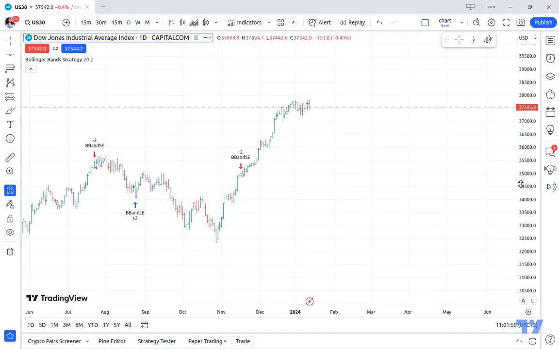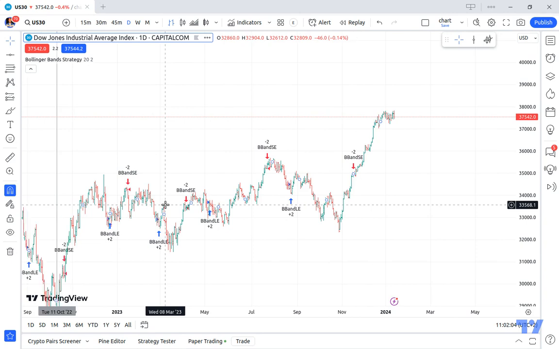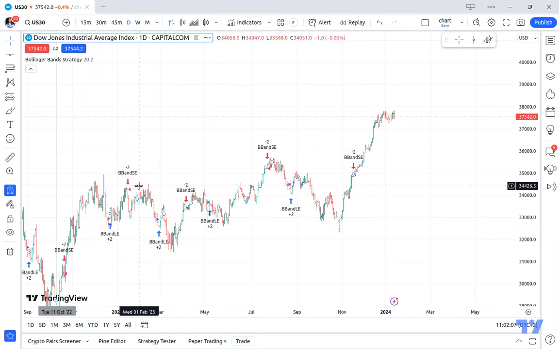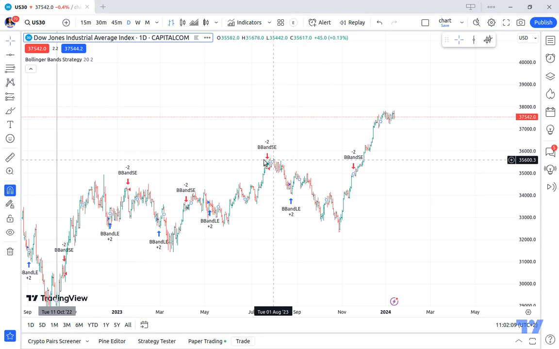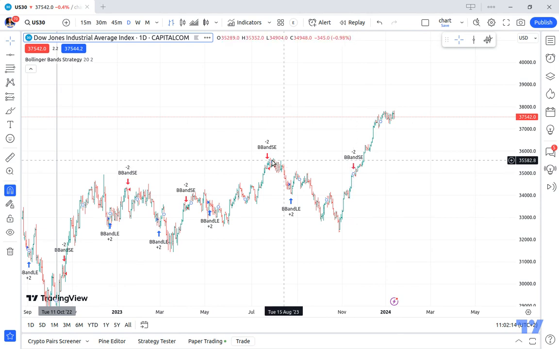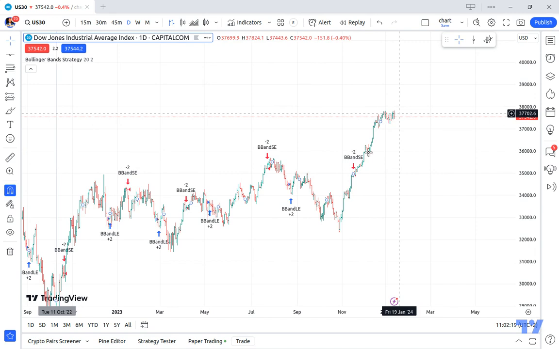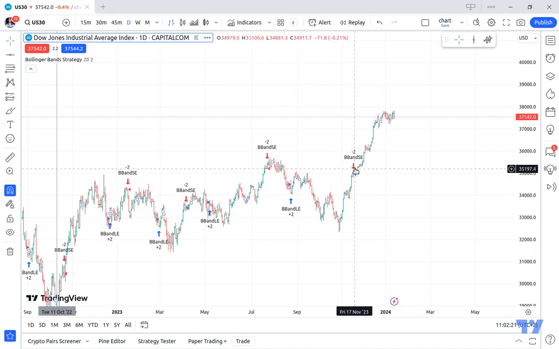As you can see here, there were double tops. Like here, this is top number one, and this is top number two. After this double top, the Dow Jones has broken out of its double top, which is here and here. Ideally, it was supposed to crash here, according to this chart, but it didn't crash and it went above the double top.